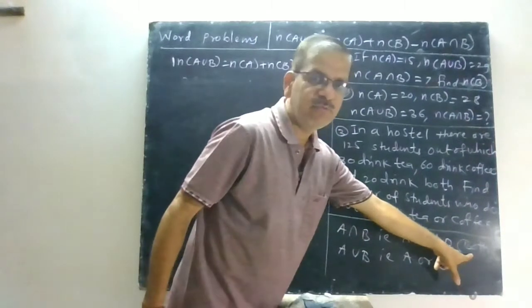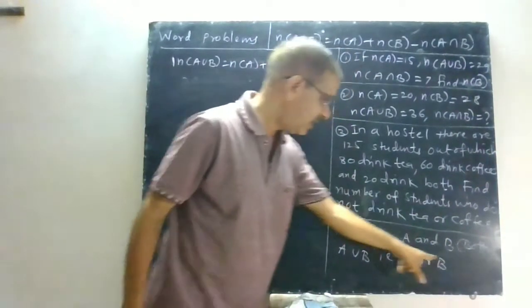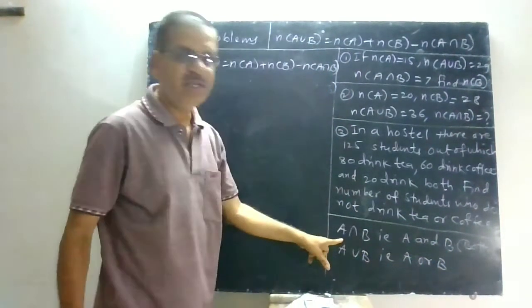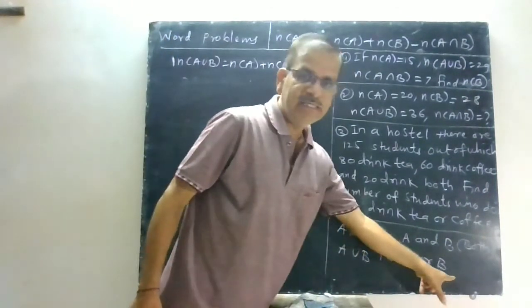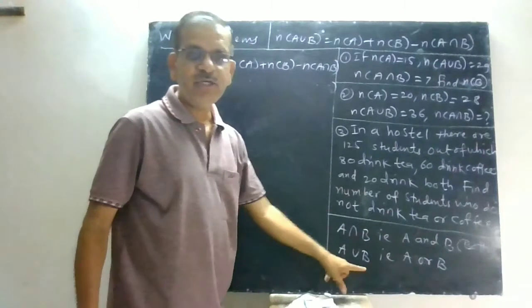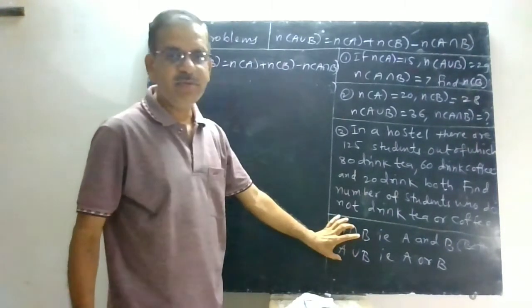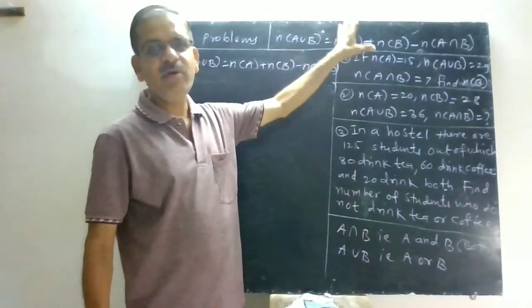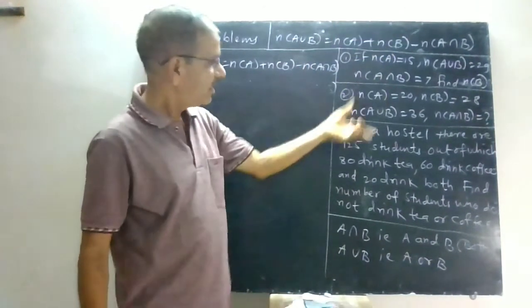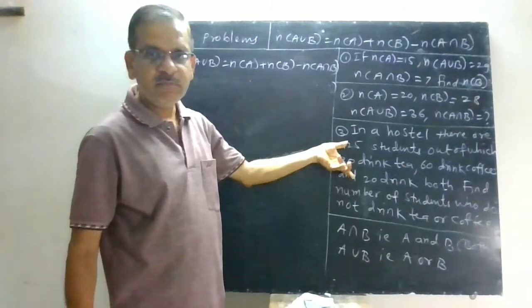That is what we call both. And when you say A or B, then the meaning is A union B. You have to remember these two things, otherwise you cannot put the proper values in the proper places of the formula.